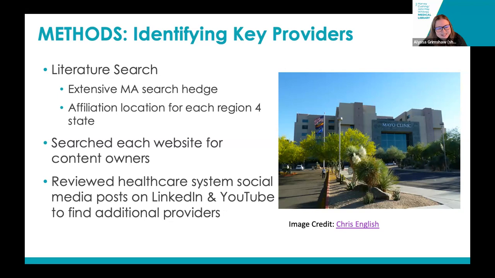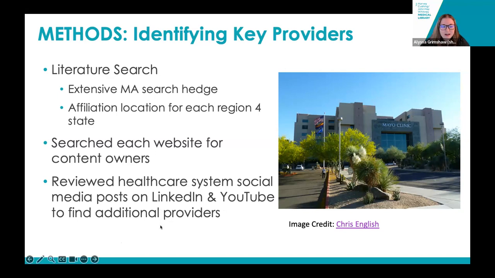So first, I did a literature search using our comprehensive systematic review Mullerian anomaly hedge. I did an affiliation location search for all Region 4 states to identify people that are publishing about Mullerian anomalies within this region.